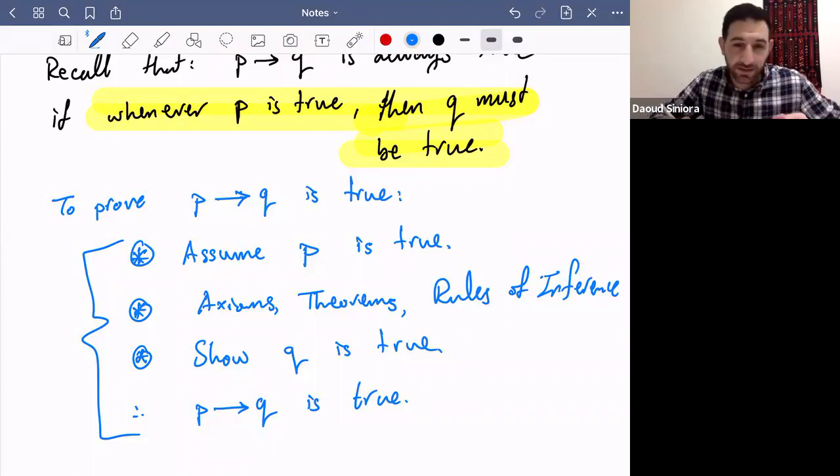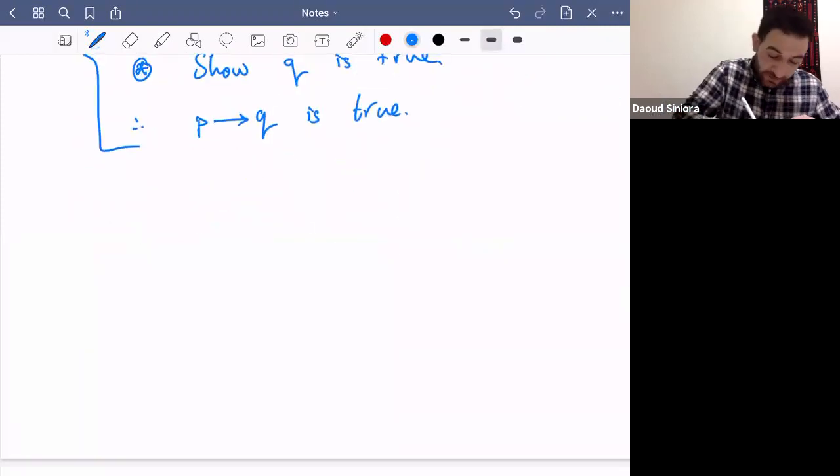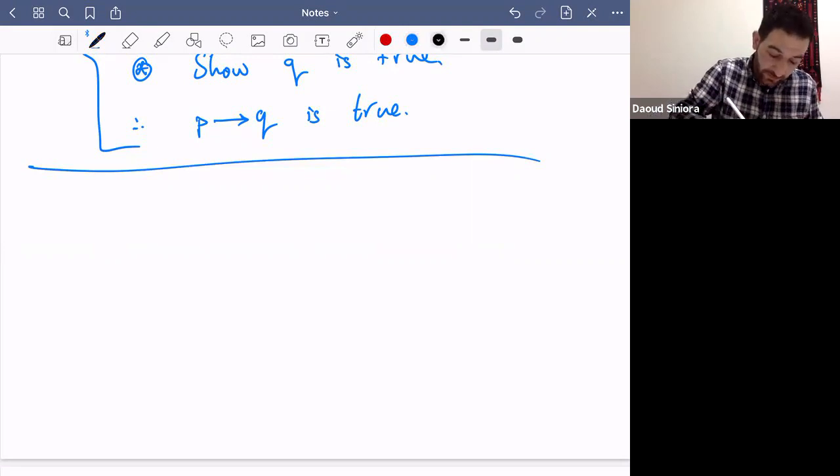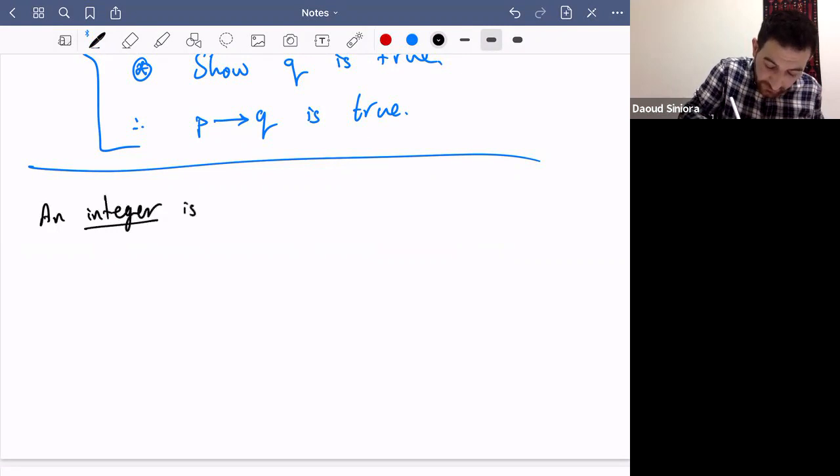So let's take an example of using the direct proof strategy to prove conditional statements. But before we do this, I need to give you some definitions about the integers. So recall, what is an integer? An integer is a whole number.